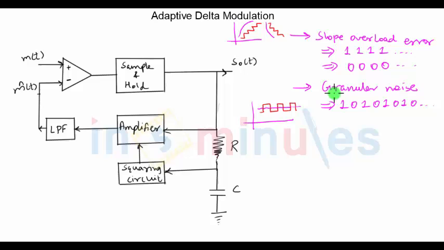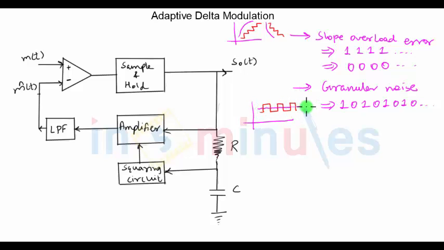On the other hand, granular noise will occur when the modulating signal m of t is almost constant. In such a case, to avoid granular noise, m cap t should in fact change with a smaller step size, because if it changes with a large step size, it is not approximating m of t properly.